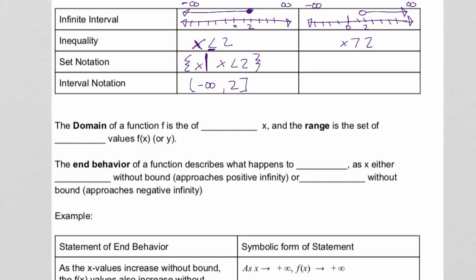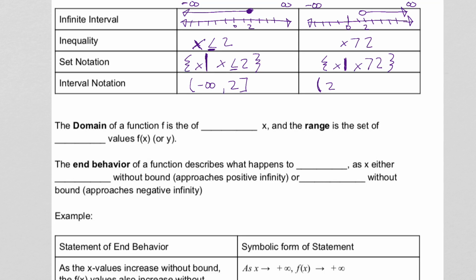But moving on, set notation, x, vertical bar, all real numbers x such that x is greater than 2, and then finish with the funky bracket.